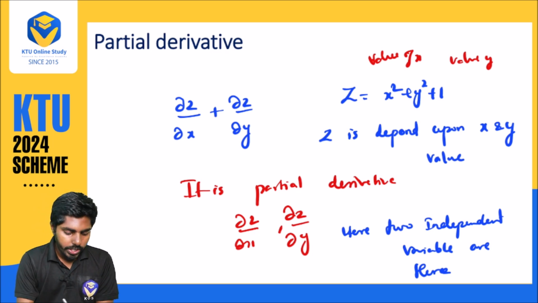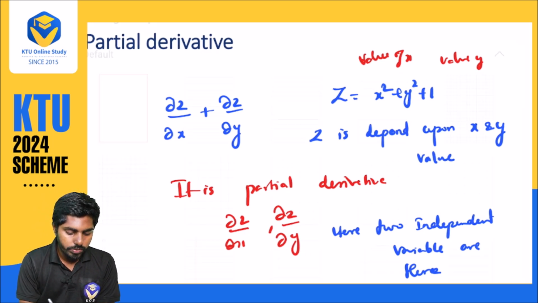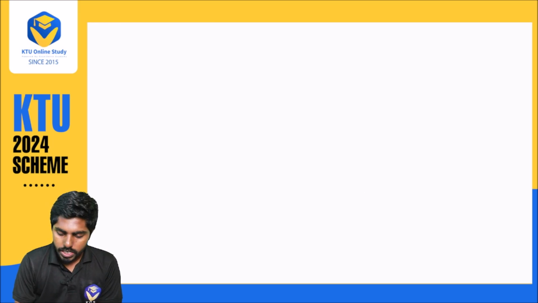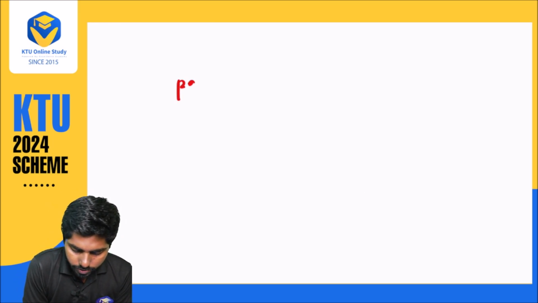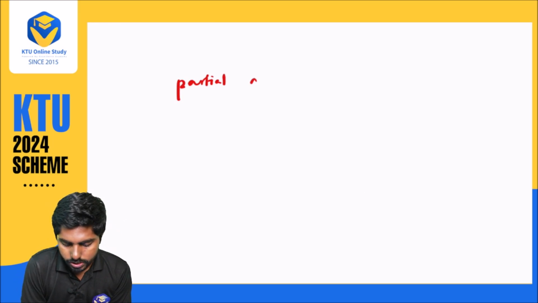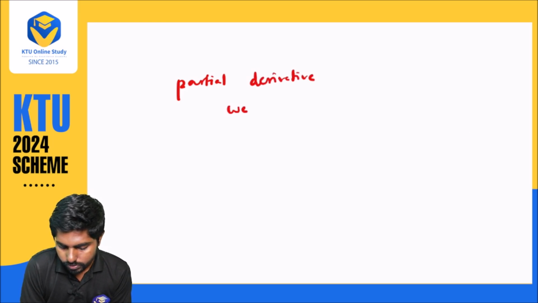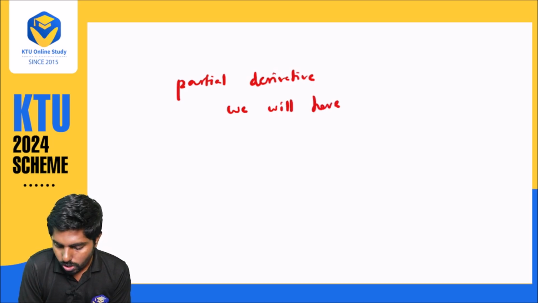So from here we can come to the conclusion. What is the conclusion? We can say that for partial derivative, we will have two or more independent variables.